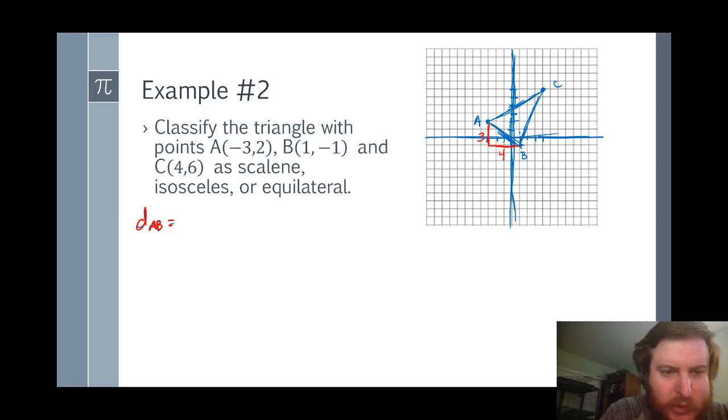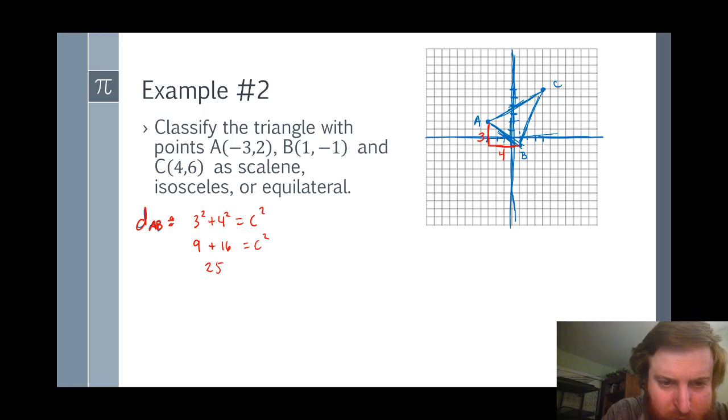And so I'm going to just say 3 squared plus 4 squared equals c squared. So that's 9 plus 16 equals c squared. That's 25 equals c squared. We're going to take the square root of both of them, and we'll get c equals 25. Or sorry, c equals 5.